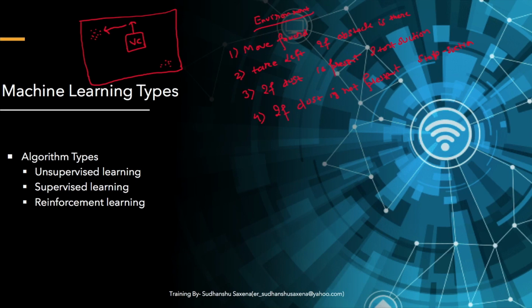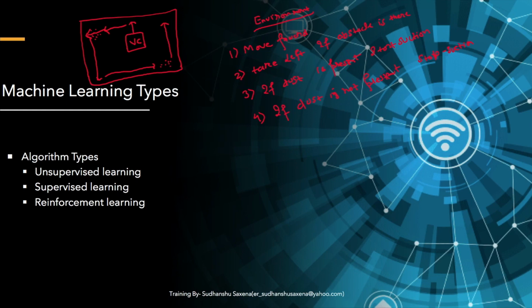And once it starts suction, this portion over here is cleaned up, and then it moves next, and then it identifies that, you know what, there is again a wall, I will take left, then over here I'll take left, over here I'll see the dust, I'll suck it, and then I'll take left, and so on and so forth. And soon it will be able to take a round of the whole room, and it can actually clean up the floor.